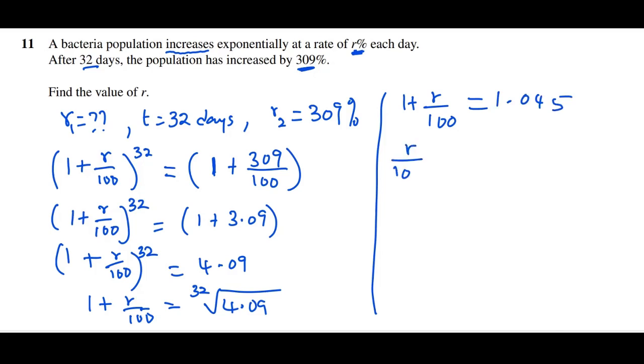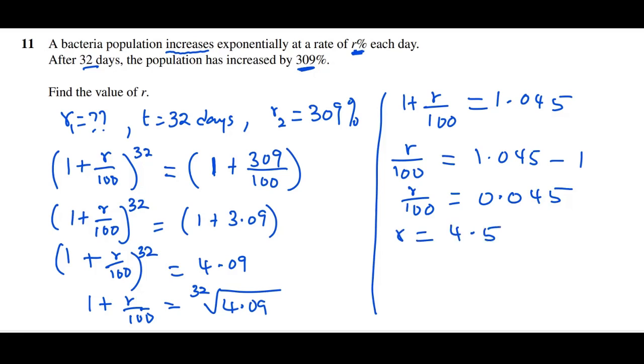We have R over 100 equals 1.045 minus 1. R over 100 equals 0.045. So here we multiply both sides by 100, and that gives us 4.5. So the R1 that we are looking for is actually 4.5%.